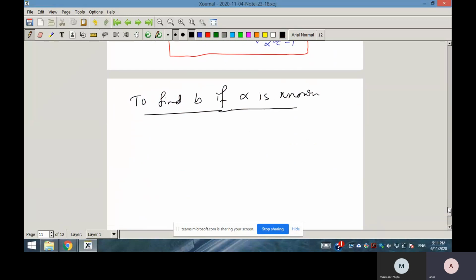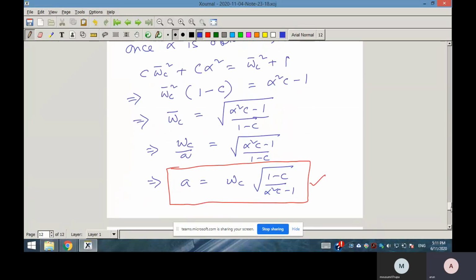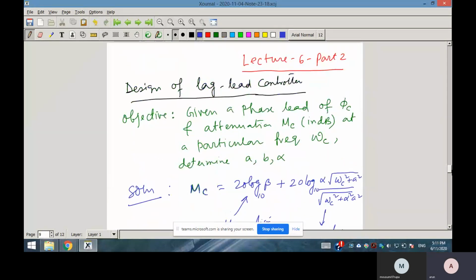So phi 2 is tan inverse of, what is your lag part?